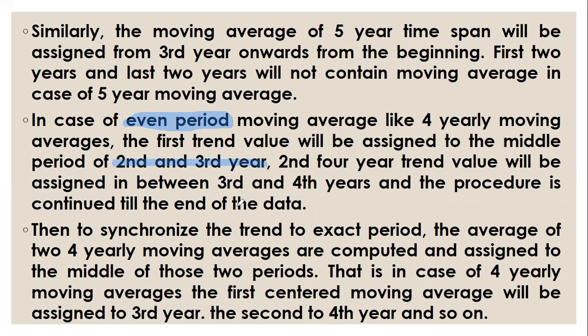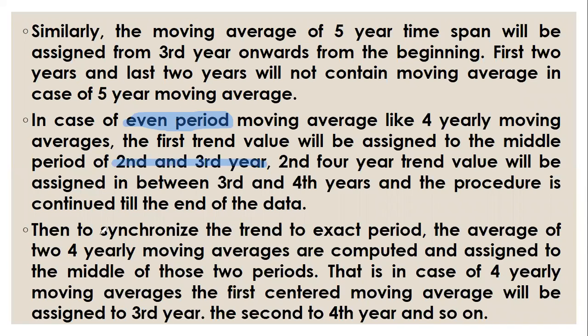This is what we did, right? Now when we have 4 values, between second and the third year, we wrote the value. Then the second 4 year trend value will be assigned in between third and fourth year, and the procedure is continued till the end of data.